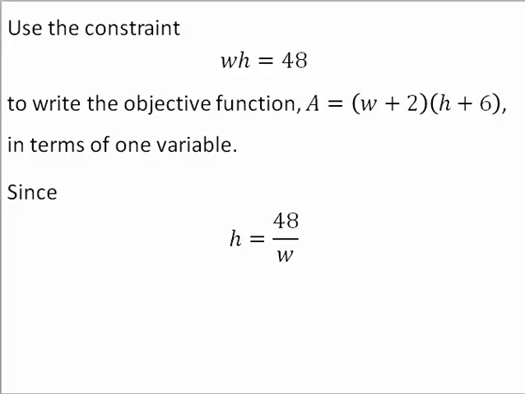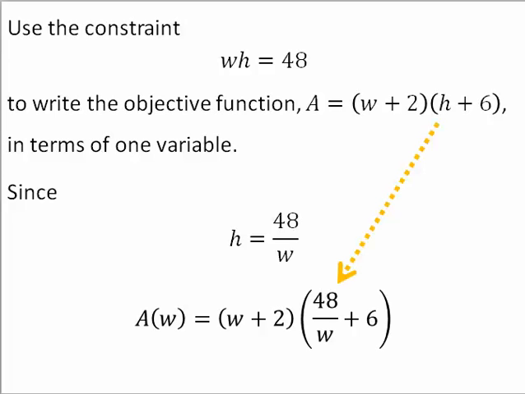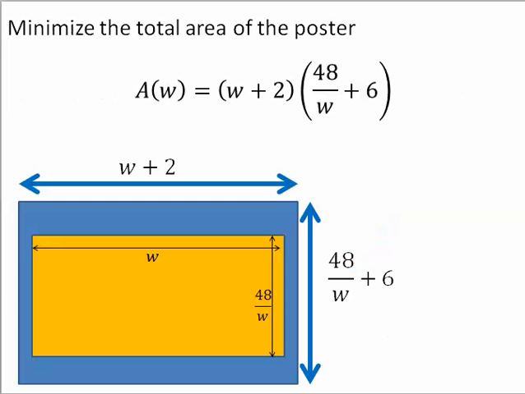By doing it this way, my objective function ends up being written in terms of W. So my total area of the poster is now a function of the width of the printed area. And we want to minimize that total area of the poster.